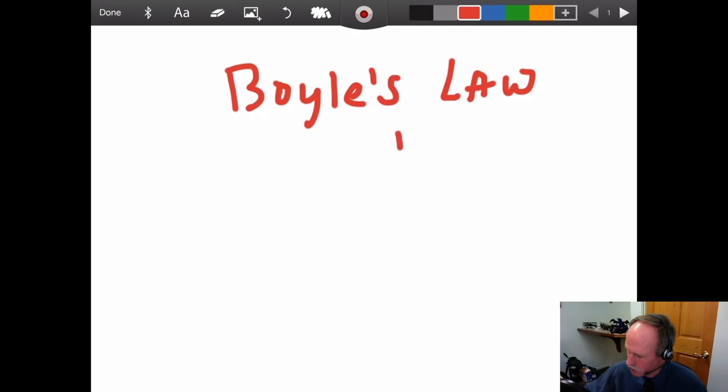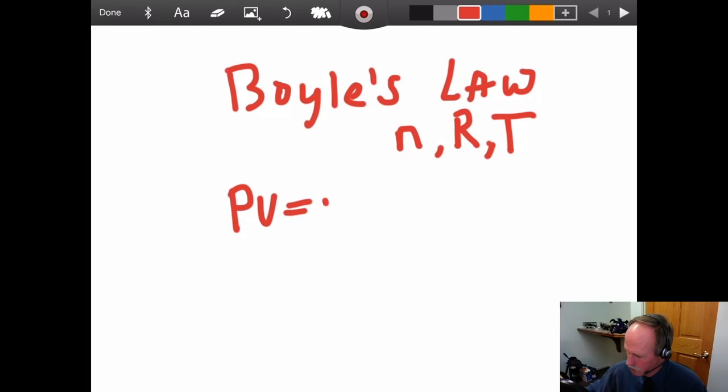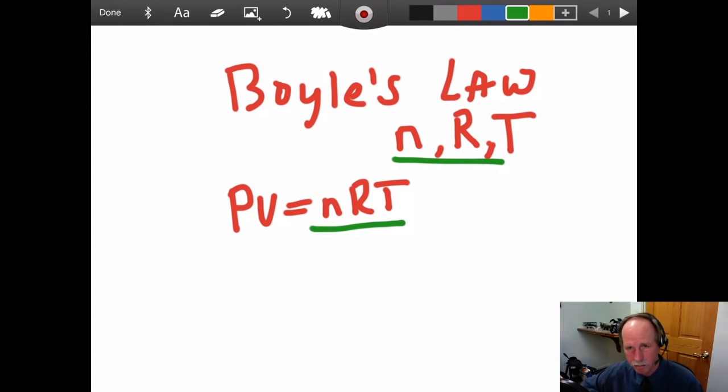In Boyle's law, the number of moles, R, the gas constant, and the temperature are all held the same. They don't change. Now, we know that PV equals nRT. Well, this right here is going to be a constant, right? Because they aren't changing.